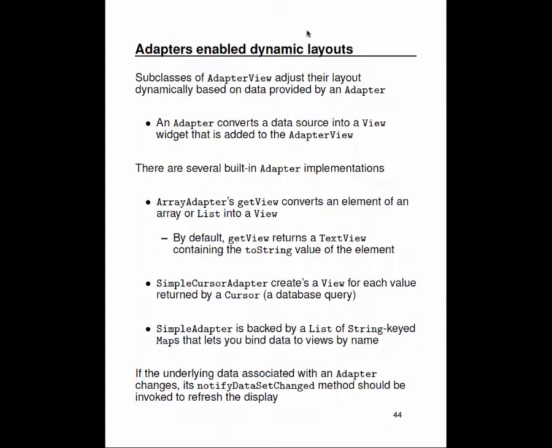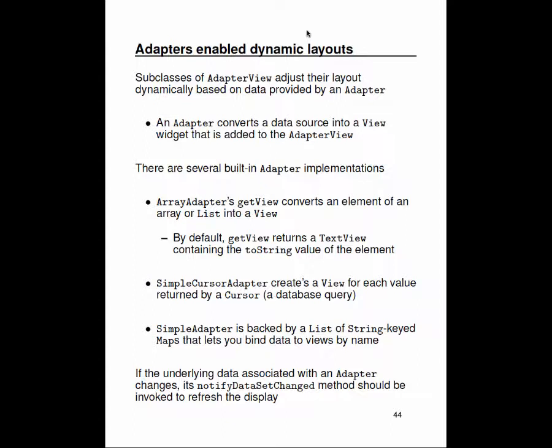The array adapter: you just give it the elements in a list, and it will populate them into a view, which is just a text view. So this is a view group, a widget that consists of other widgets, and those widgets are created by the adapter. Adapter is kind of an unfortunate name because it sounds so generic, but that's what it does.